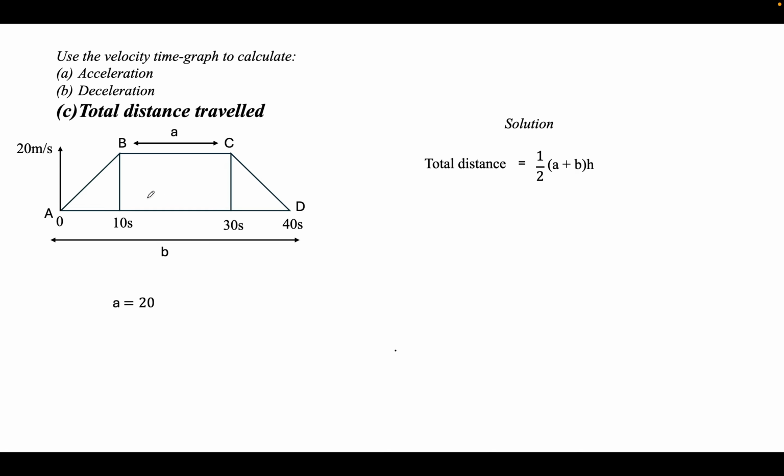Like 30 here minus 10 will give you from this point to this point, which is 20. Then that is our A.